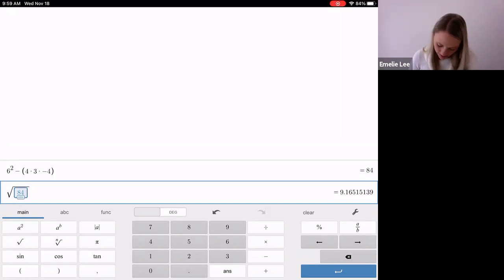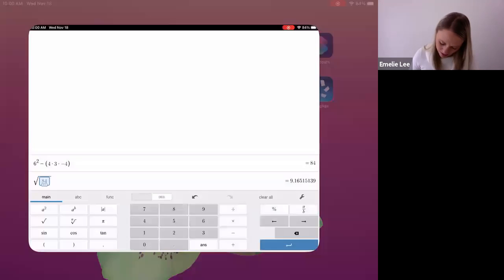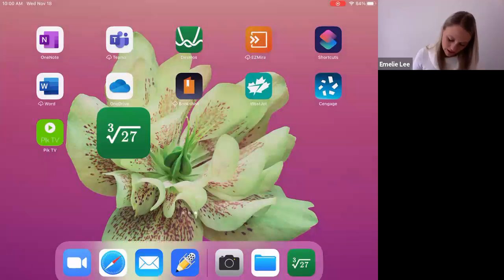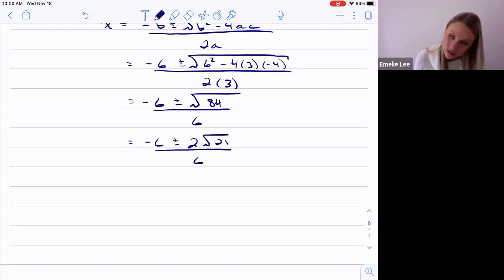It looks like it doesn't give me the exact answer, it just gives me the approximate answer. Okay, that's all right. No big deal. But I'm going to use the exact answer. Negative 6 plus minus 2 root 21 divided by 6.